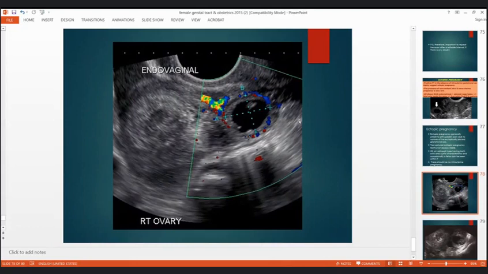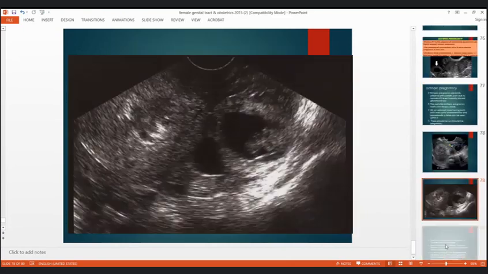So this is an example of an ectopic pregnancy with a cystic lesion having a thick wall, and if we put color Doppler on, we will see peripheral vascularity of this lesion. This is suggestive of an ectopic pregnancy.